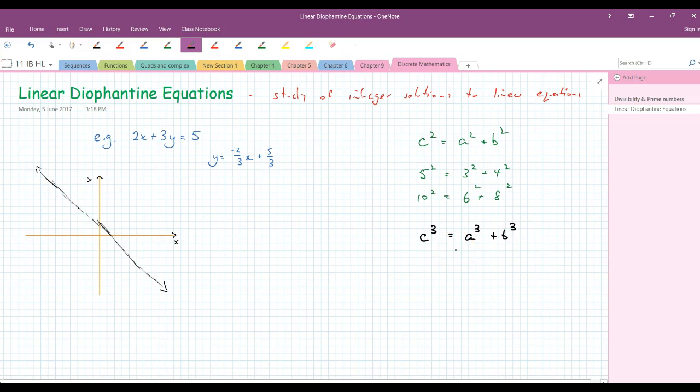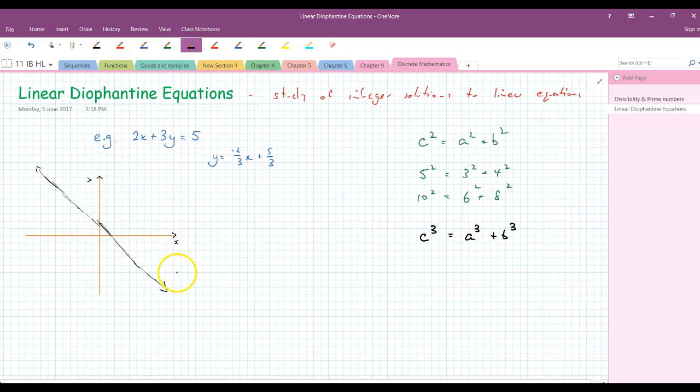The proof of that has taken hundreds of years to establish, and only very recently has a formal proof been presented. In looking at linear Diophantine equations, it's just interesting to look at the wider picture. But let's get back now to such a thing.